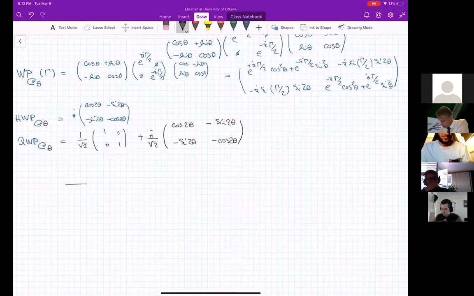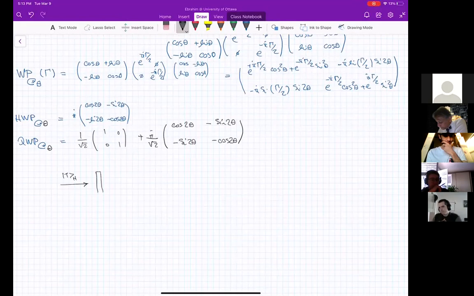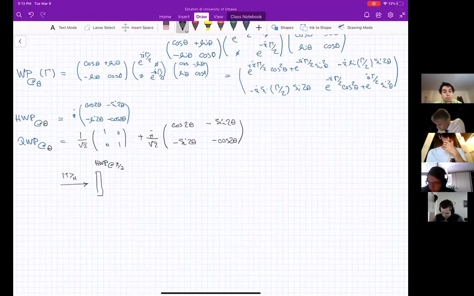I have a single photon, one photon in H polarization, going to a half-wave plate, which is at an angle of pi divided by 2. Tell me what is happening with that.